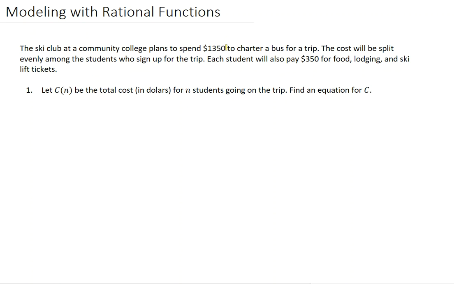So the total cost is going to be the cost to charter the bus, and then it will be $350 for each person. So if we write that out in an equation, C of n would equal the bus cost plus the $350, but we need to multiply that times the number of people going on the trip.